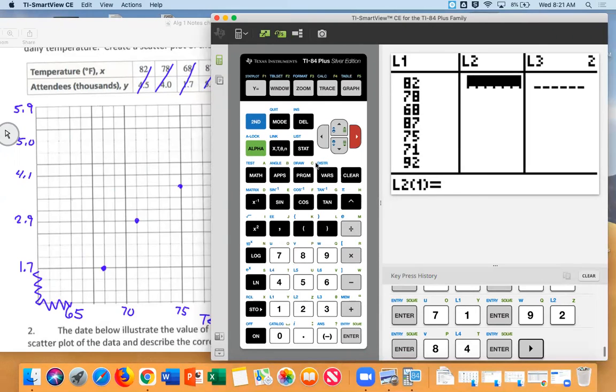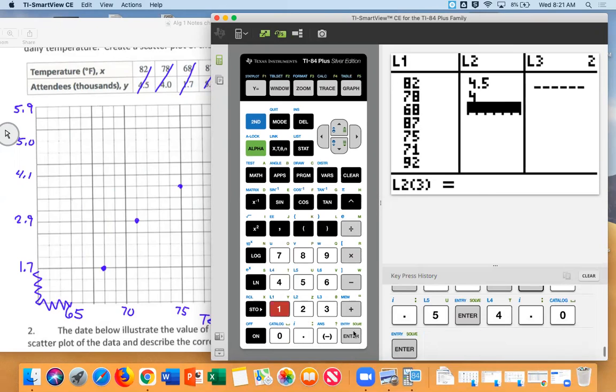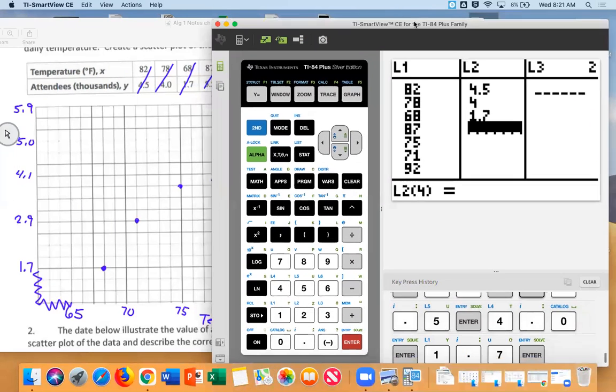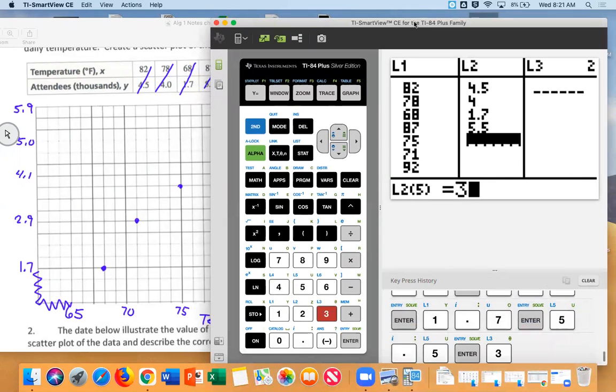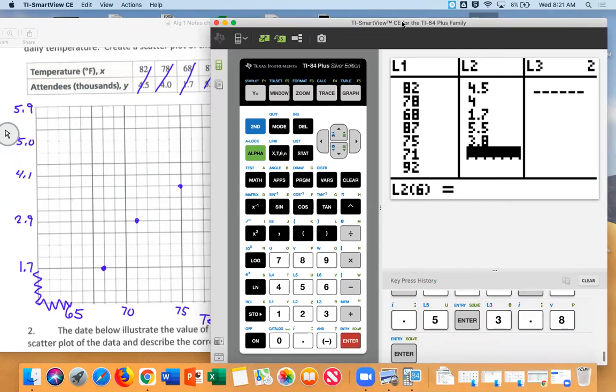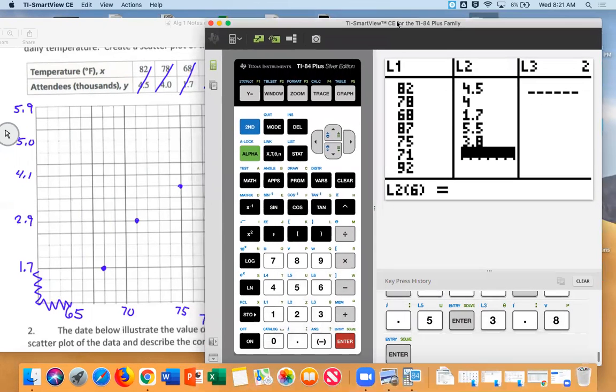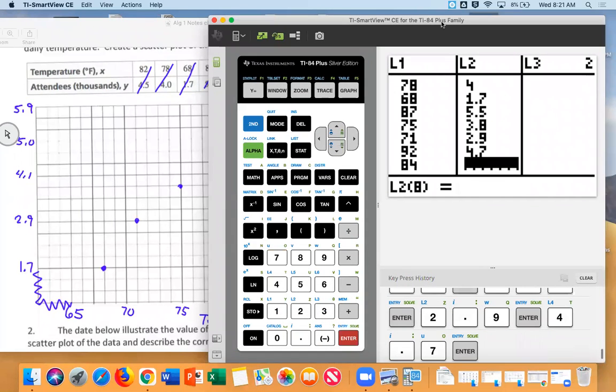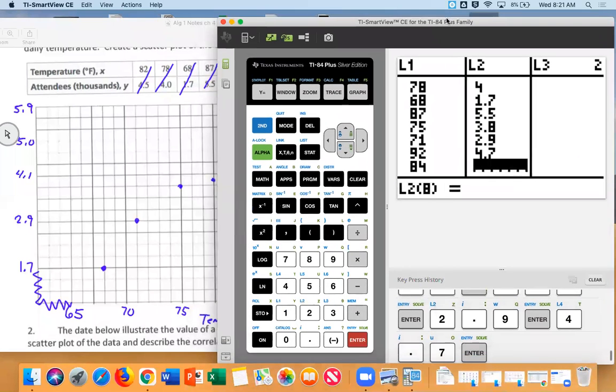And then I'm going to put in my list 2, the attendance in thousands. That's going to be 4.5, 4.0, 1.7, 5.5, 3.8, 2.9, 4.7, and the last one is 5.3.